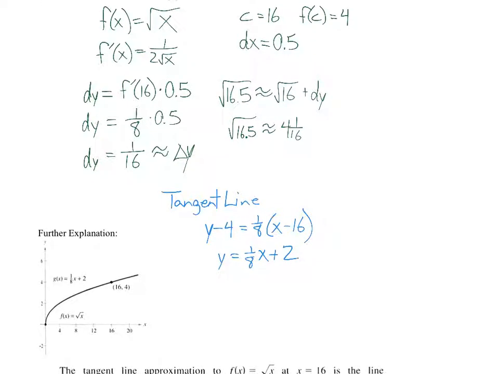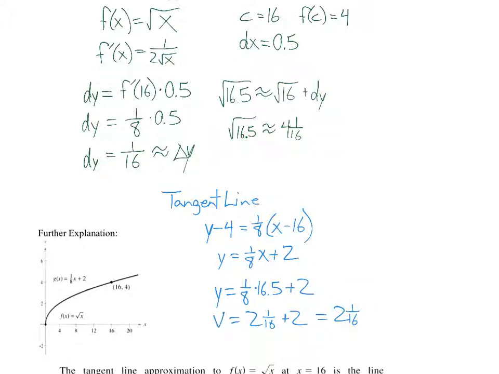If you plug in 16.5, I'm plugging in the 16.5 times 1/8, and it'd be a plus 2. 16.5 divided by 8 is actually 2 and 5/80ths, which is 2 and 1/16. So 2 and 1/16 plus 2 is 4 and 1/16. I'm getting the same approximation.